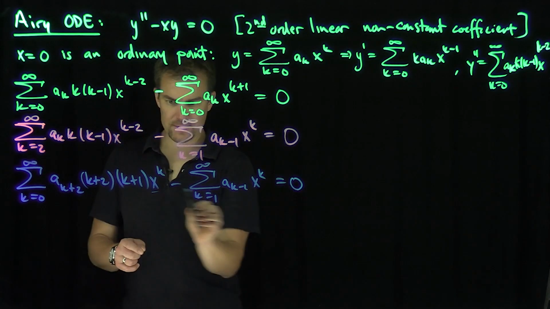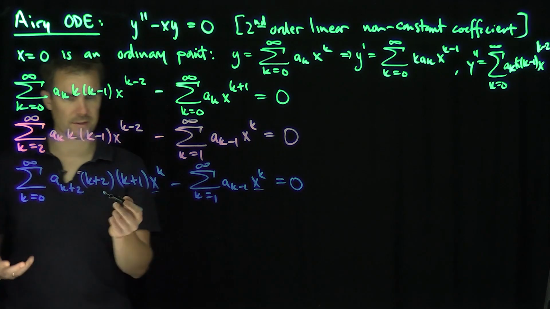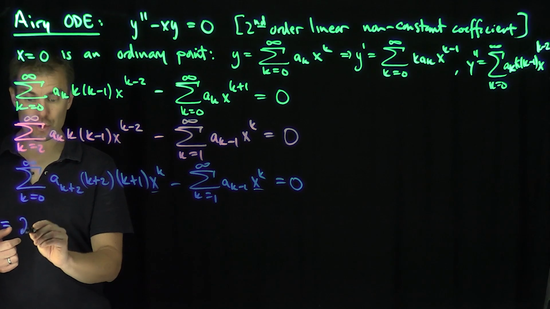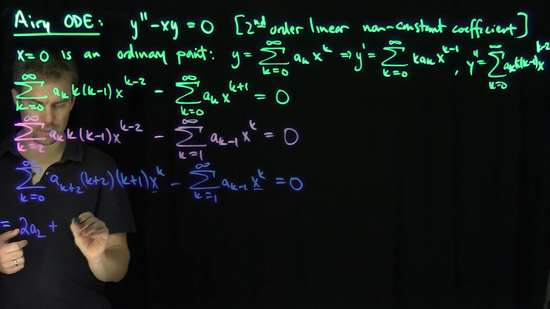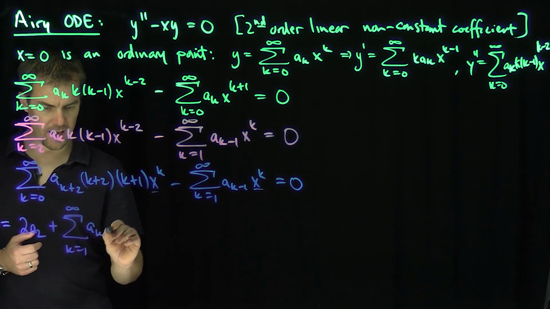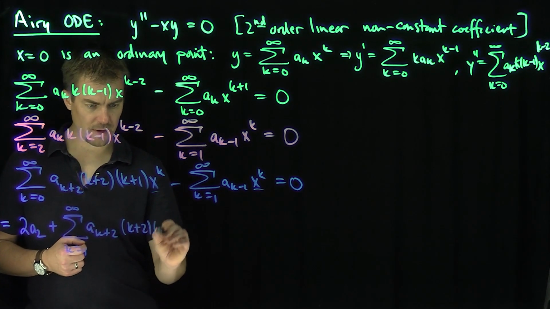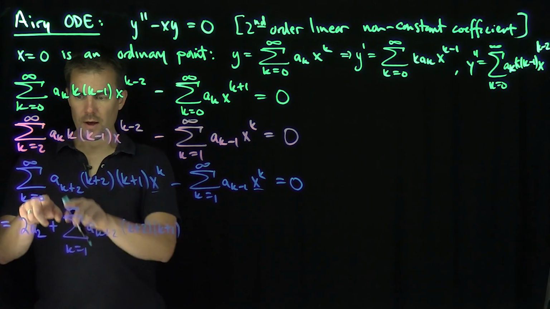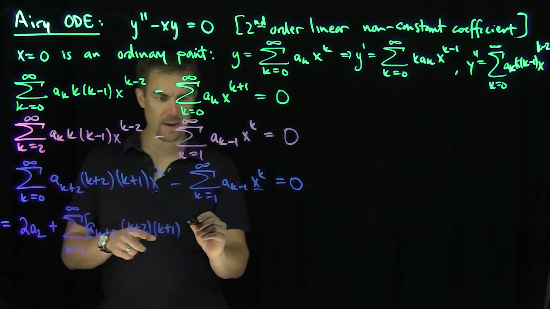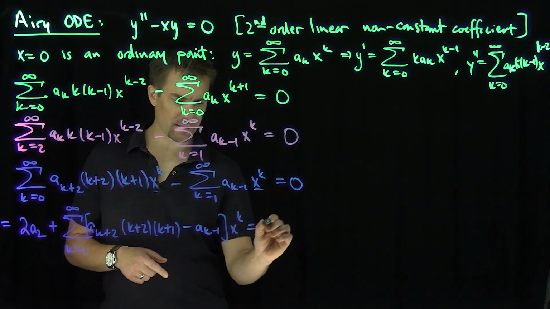Now everything has x to the k in both terms, but this term starts at 0. So I plug in 0 first, and I get a_2 times 2 times 1. So this is 2a_2 plus the sum, k goes from 1 to infinity of a_(k plus 2)(k plus 2)(k plus 1). Both sums now start at 1 and have x to the k, so I can group the terms together, minus a_(k minus 1), x to the power k, equal to 0.